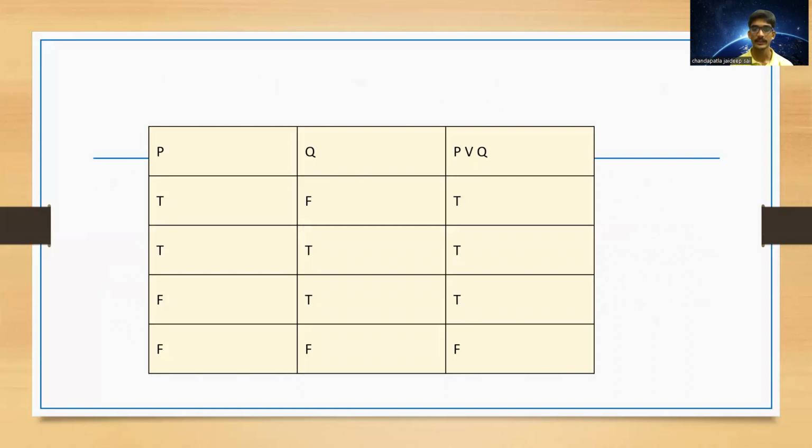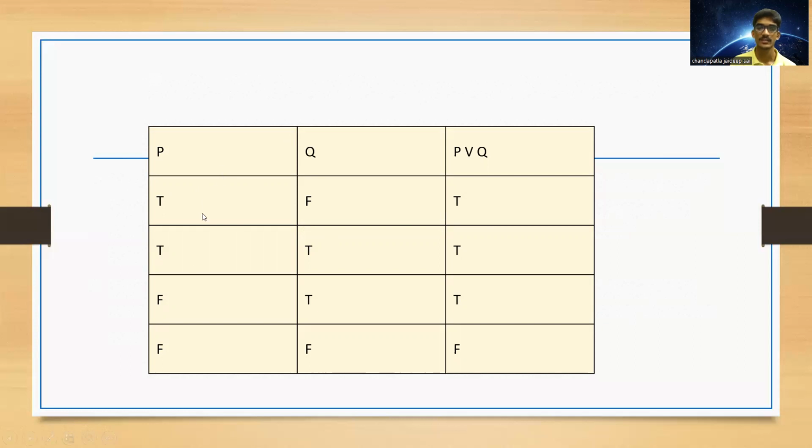So here we have the truth table for the disjunction compound statement. Here we have the P statements, here we have the Q statements, and here we have P or Q, which is the output of the two statements P and Q. For P and Q, first we have true and false.